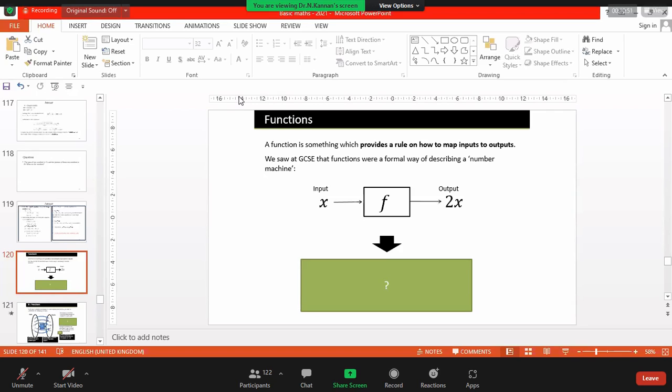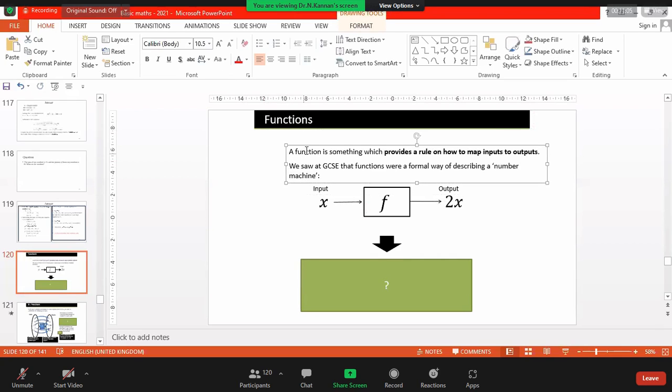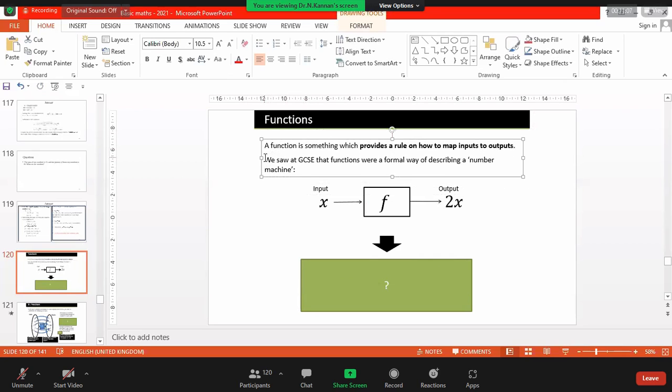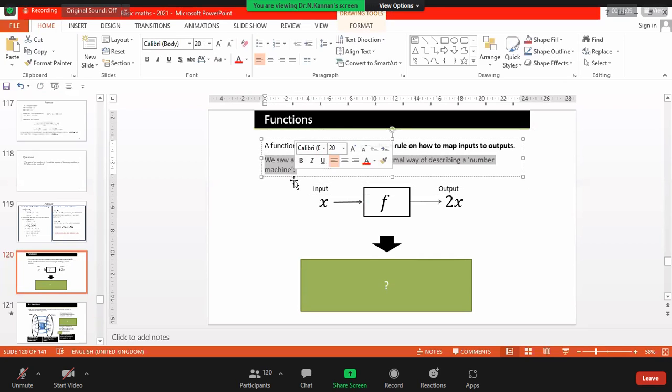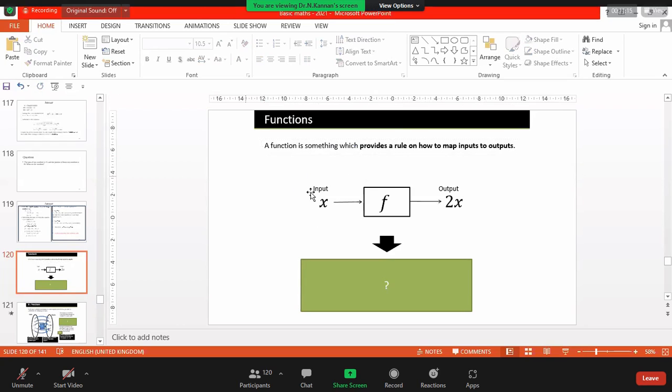A function is something which provides a rule on how to map inputs to outputs. So we have already discussed this one. Don't worry about this statement. It's a bit tricky because we will discuss many things later, but we will understand the basic concept.